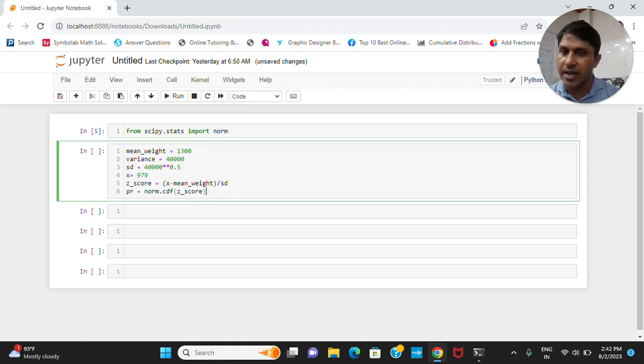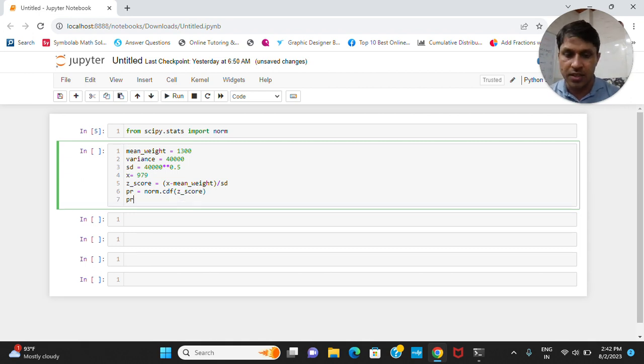If I print like this, print f probability is, I will round the final answer to 4 decimal places, so I will write PR, 4 to get it rounded to 4 places.